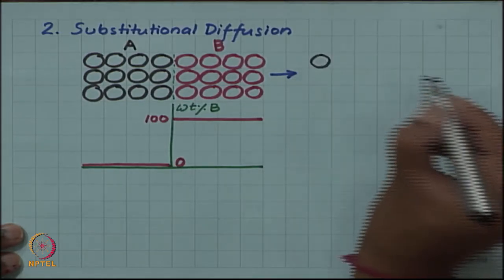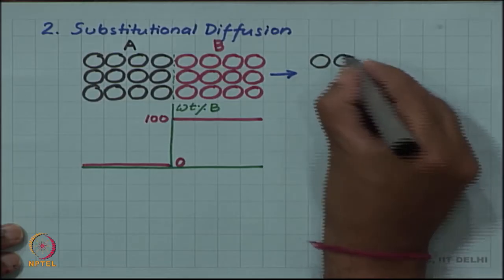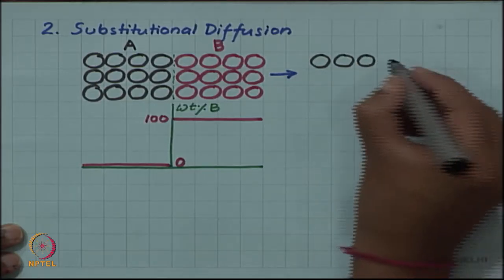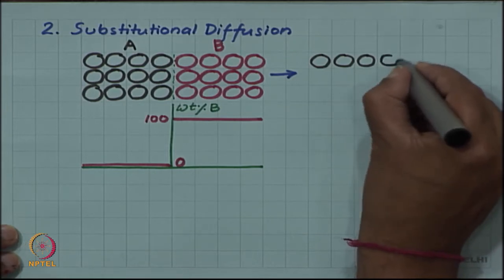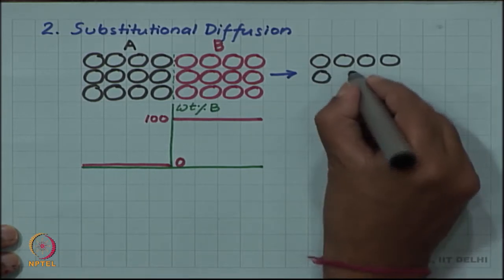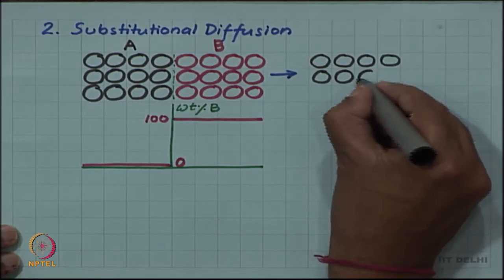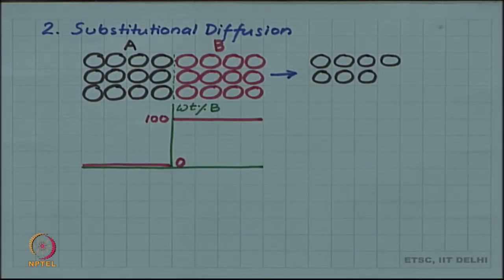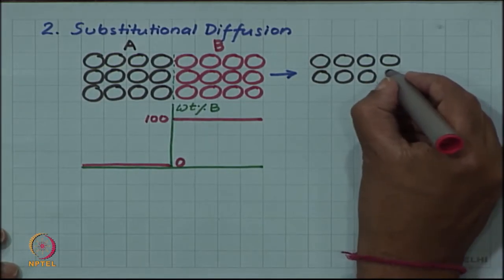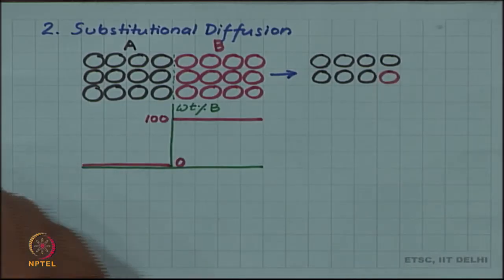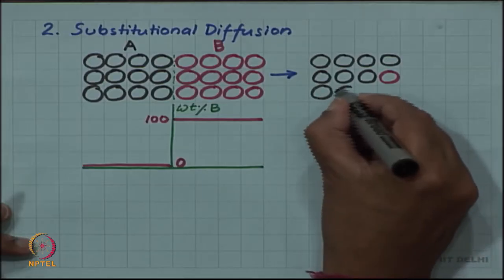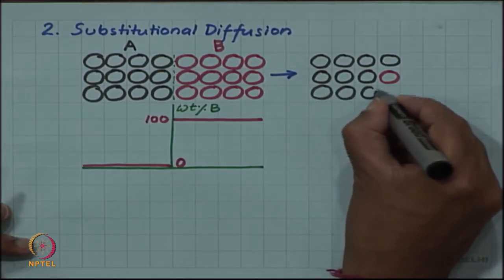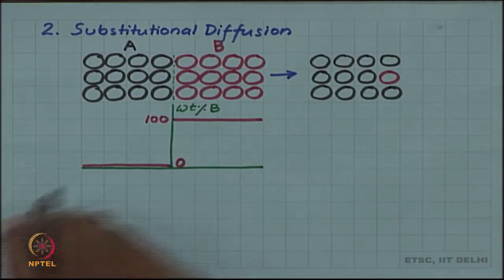So, you will then have some B atom migrating onto the A side. This kind of experiment has been done and one has observed this kind of situation.